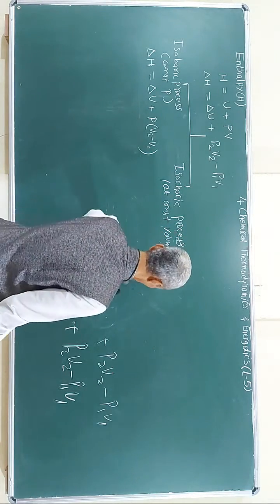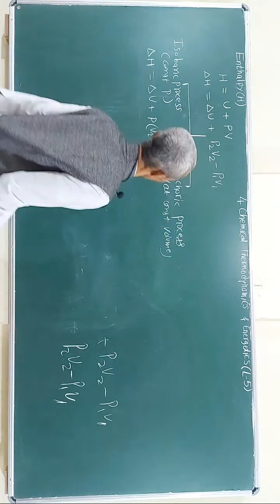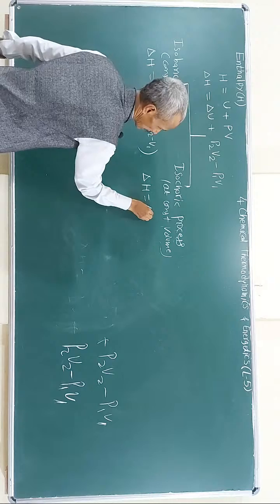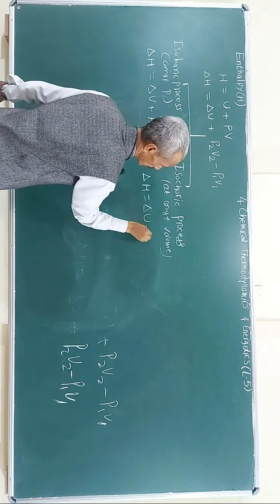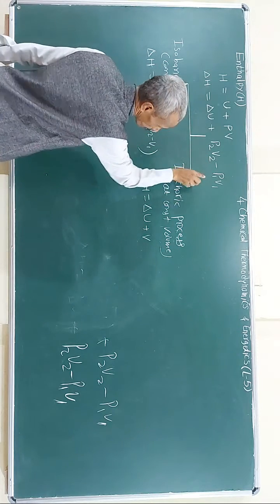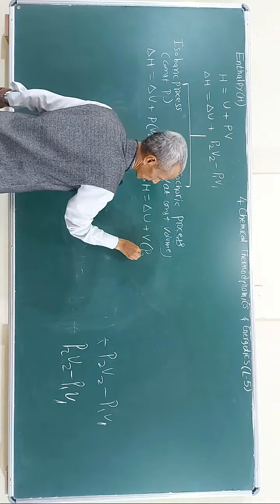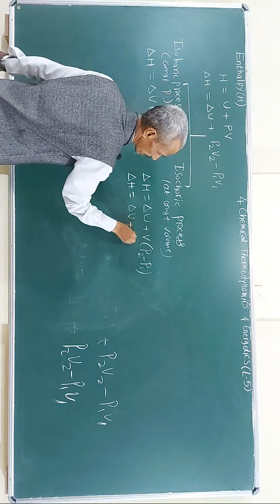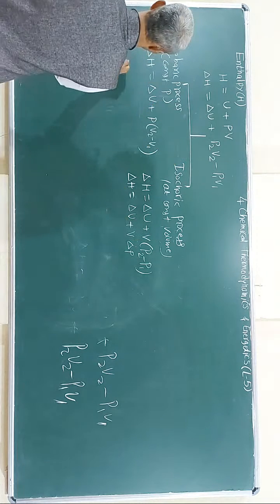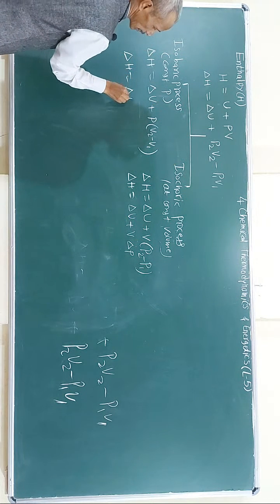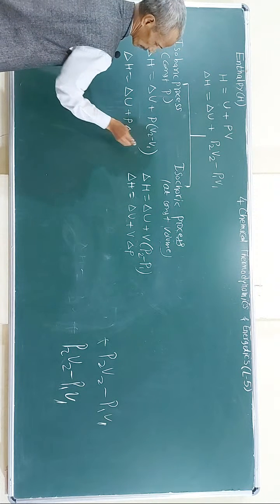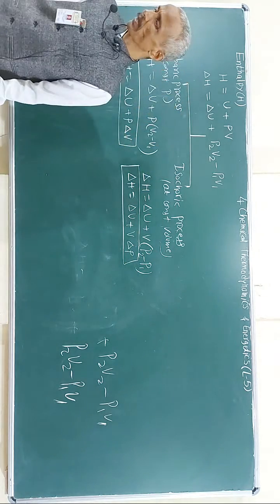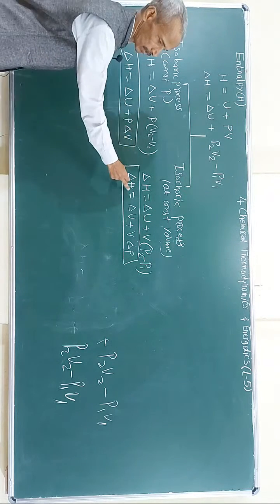Then delta H is equal to delta U plus, with V1 equal to V2, say V, V into P2 minus P1, or delta H is equal to delta U plus V delta P. So this is the expression when the process is carried out at either constant pressure or constant volume.